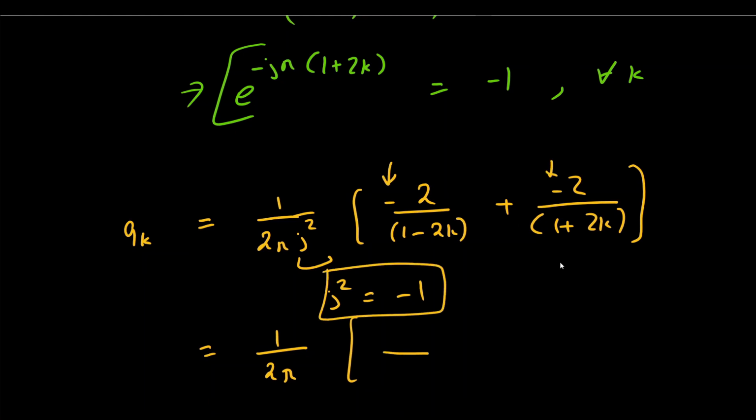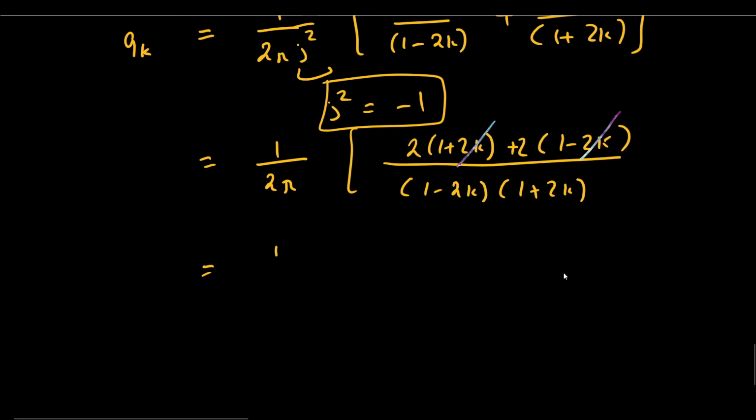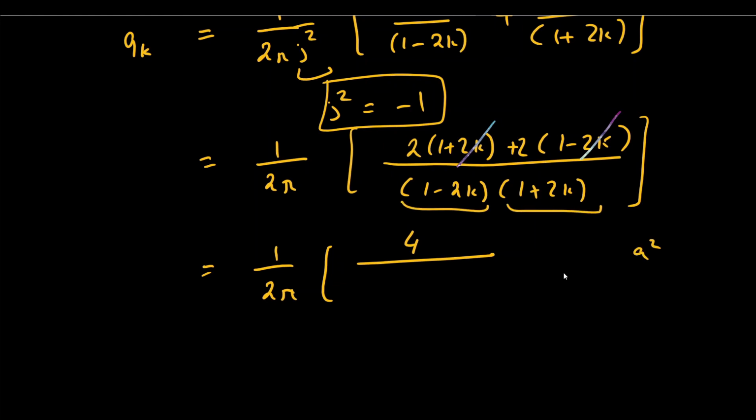So we would have simply, by taking the LCM, 1 minus 2k times 1 plus 2k, and this would be 2 times 1 plus 2k plus 2 times 1 minus 2k. Now this would cancel with this, so eventually we would have 1 over 2 pi times 4 by, now this is the simple definition of a square minus b square, so this would be simply 1 minus 4k square. So this is our ak.